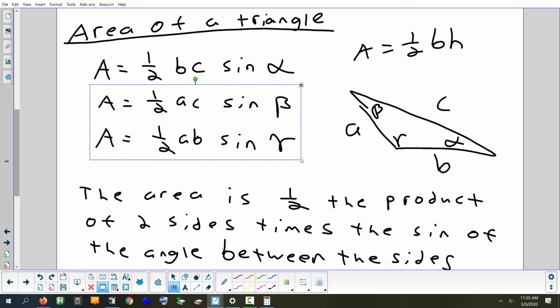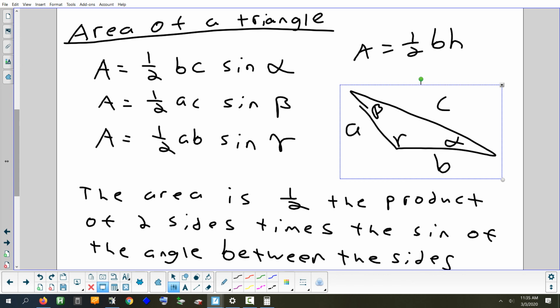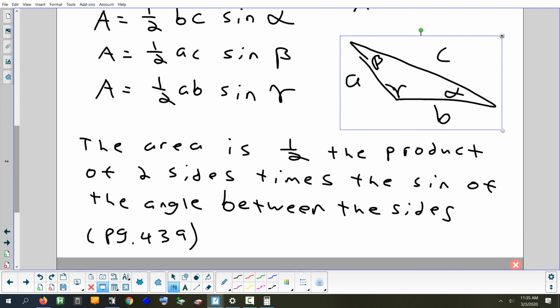Let's look at this one. 1/2 AC. What's where A and C meet? Beta. And then AB, what's the angle where A and B meet? Gamma. So these are all the same, and I just summarized them right here. The area of a triangle can be found by doing half the product of 2 sides times the sine of the angle that's between them.